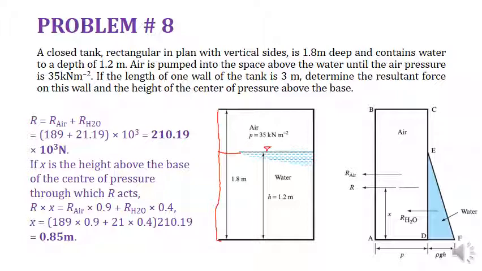So if x is the height above the base of the center of pressure, so if we talk about where this resultant is going to be acting, this distance from the base. The individual distances we already know. It will be at the center of gravity. Your air is going to be acting as a base pressure, a base load that is acting throughout the container from the top till the bottom.